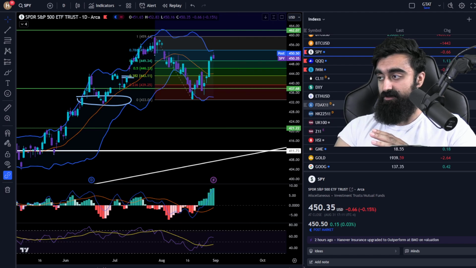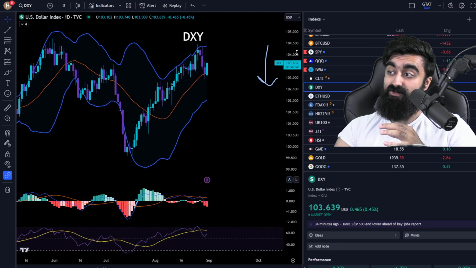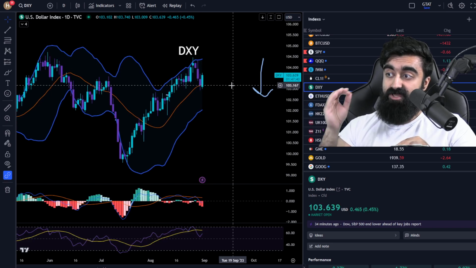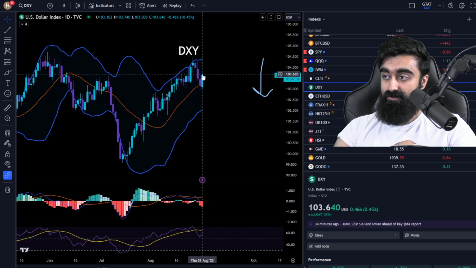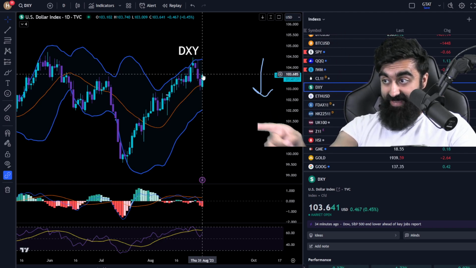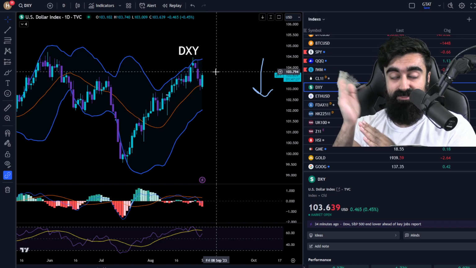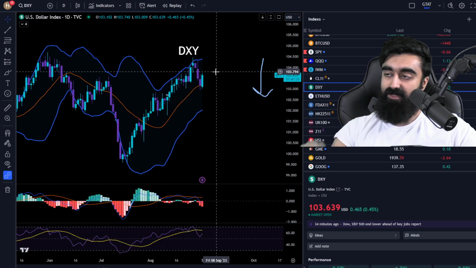So now we're going to take a look at the dollar. The dollar was green today. It had this big green candle while the market was also at around 452.80. The dollar was rising as the SPY was also rising. And what do we know when we look at the dollar?